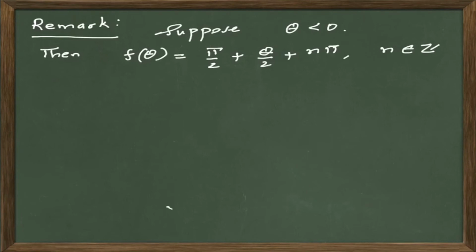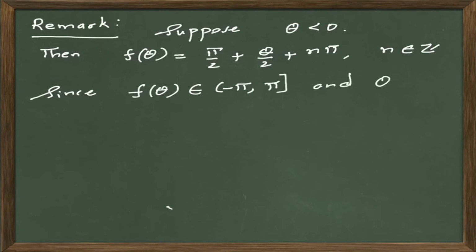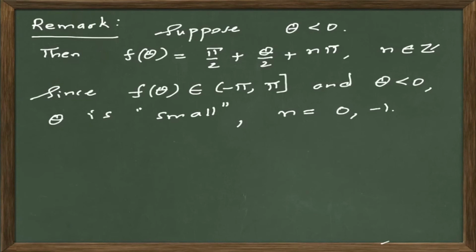Now because f of theta lies in the interval minus pi to pi and theta is negative and also arbitrarily small, since we are interested in the limit of theta as it approaches 0 from the left, the possible values for n are 0 and -1.